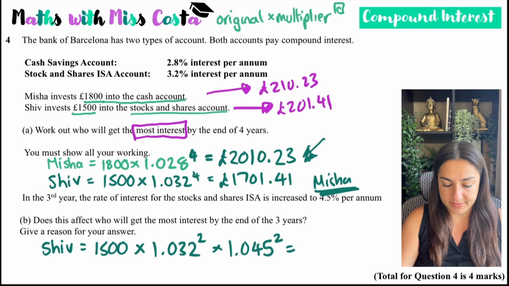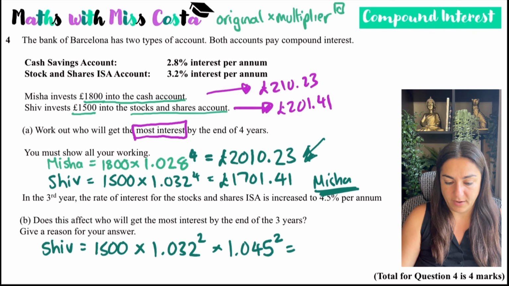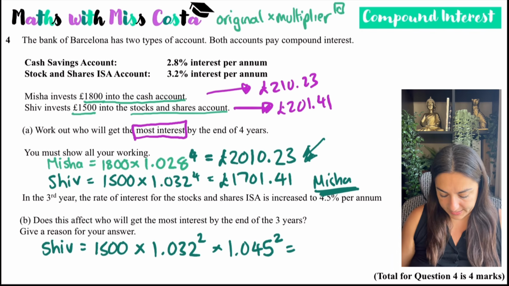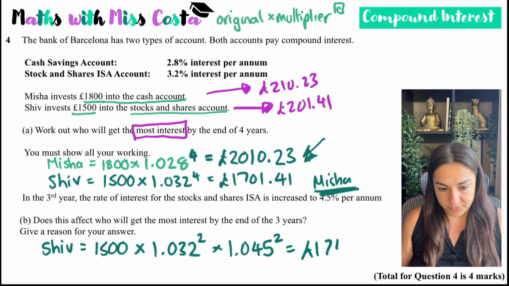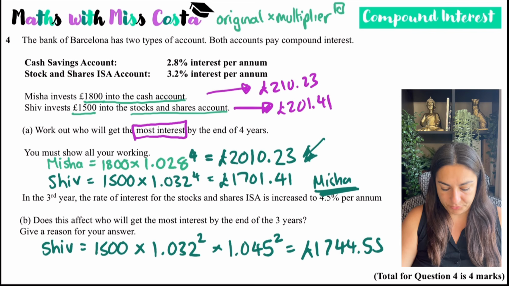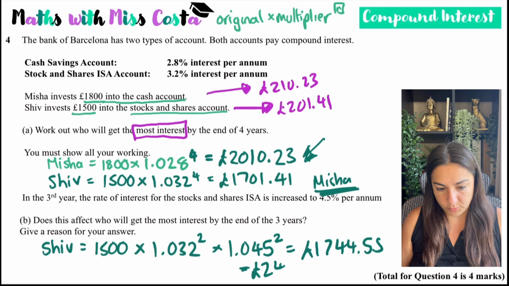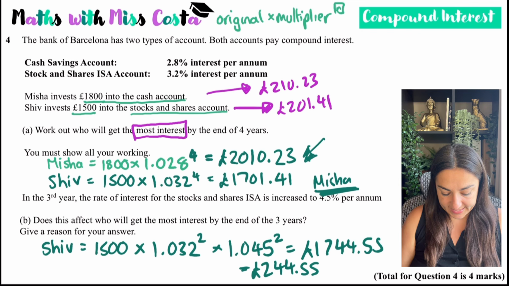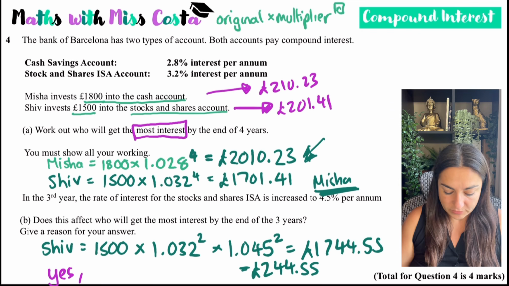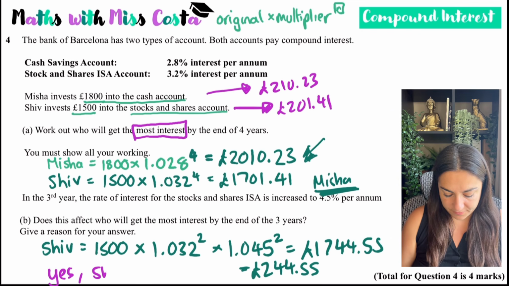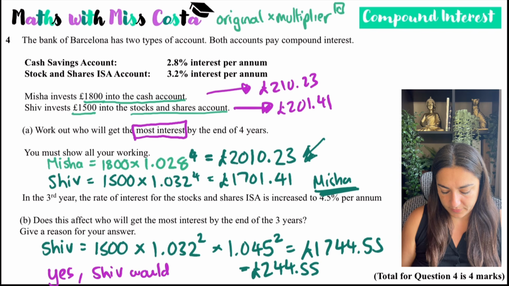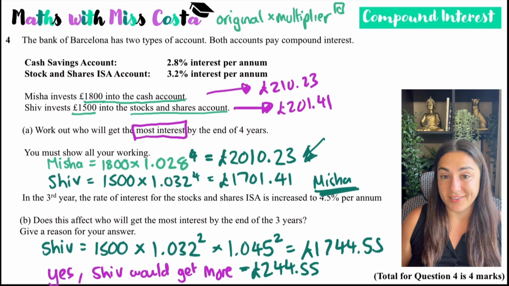So 1,500 times by 1.032 to the power of 2 times by 1.045 to the power of 2 gives me 1,744.55. So if I subtract 1,500, that gives me an interest of £244.55. So in this case, yes, it affects who will get the most interest. Shiv would now get more. So that's how we'd do it.